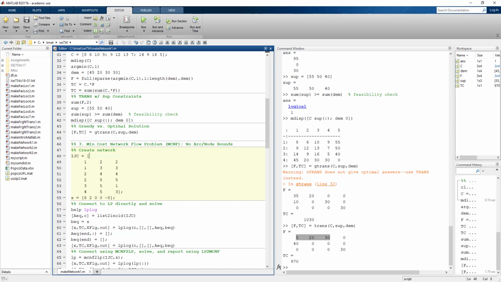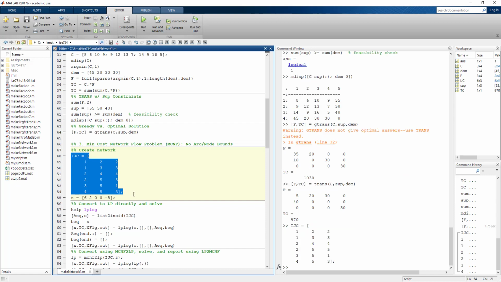So the example network that we're going to show in this case has a total of 5 nodes. We can represent it as an arc list IJC matrix. And notice these are all directed arcs. There's no minuses in the second column.